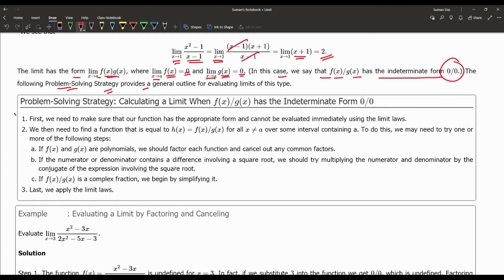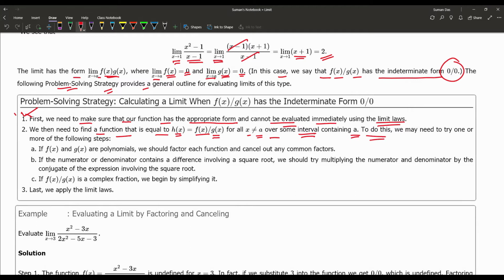First, we need to make sure that our function has the appropriate form and cannot be evaluated immediately using the limit laws described in the previous videos. We need to find a function h(x) that is equal to f(x) by g(x) for all x not equal to a over some interval containing a.